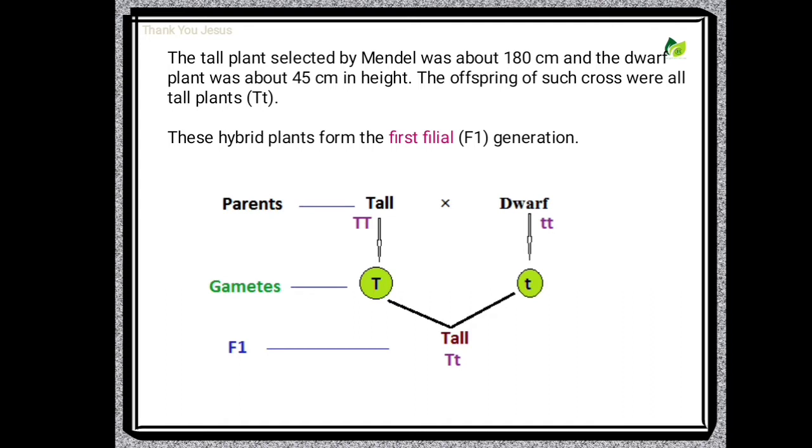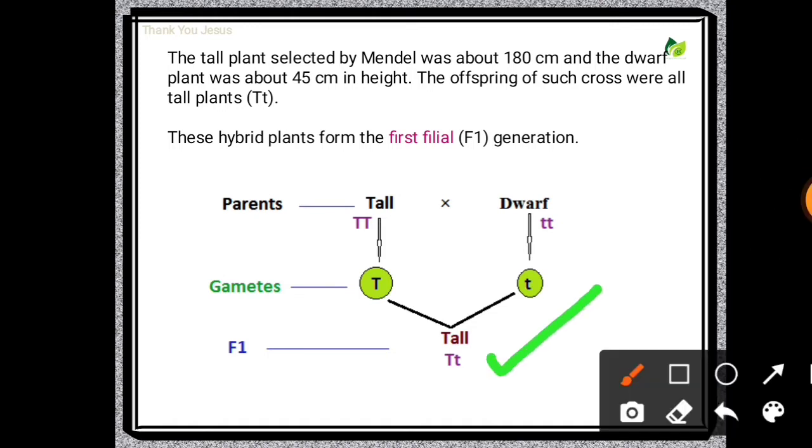So, these two plants selected by Mendel for the artificial hybridization belong to the parental generation. They are represented by P1 or parents. When these two plants are crossed artificially, the progeny of such a cross exhibit the tall character only.